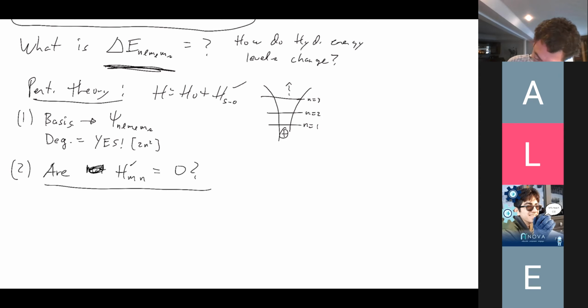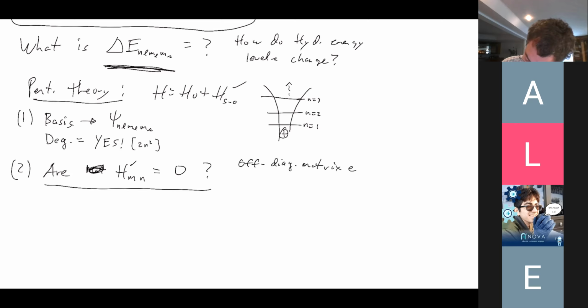But what are these matrix elements? Which ones are we talking about? The non-diagonal ones? Right, the non-diagonal ones, so these are the off-diagonal matrix elements.